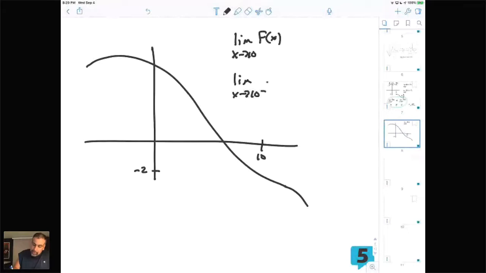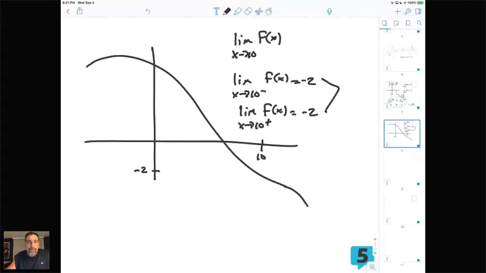You've got to ask what's happening on the left side, what's happening on the right side. And on this one, you're going to get the same answer, -2 in both cases. And that means your limit on the left is equal to your limit on the right. As soon as you see these two numbers match, you can now start to talk about your overall limit, and it will always be equal to the answers you got from both sides that agreed.